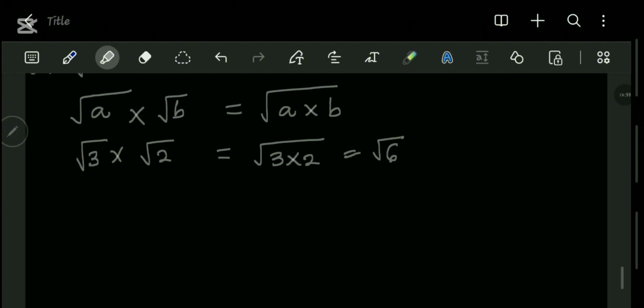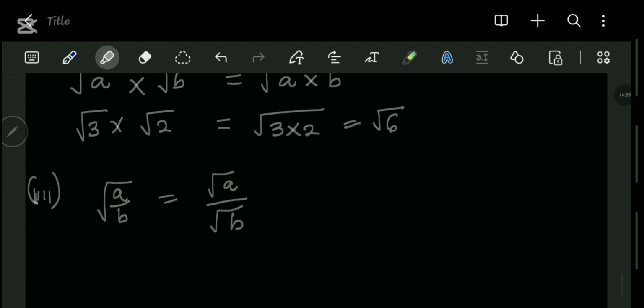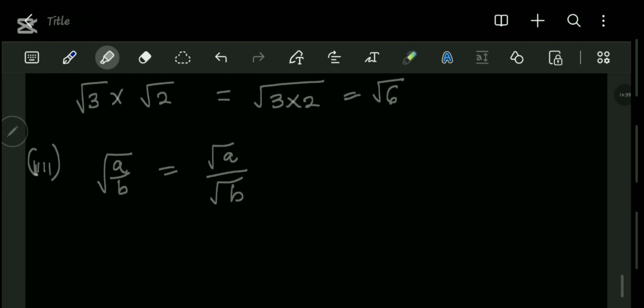Then for the third law of surds, the law states that when you have surd A over B, this is division now, right? This division sign in the middle. We are free to split both of them. So we're having surd A all over surd B. And for example, when you have surd 3 over 2, we are free to split the surd because of the law.